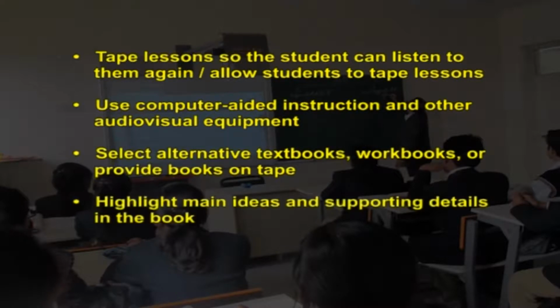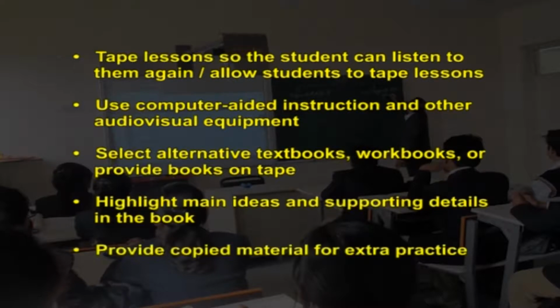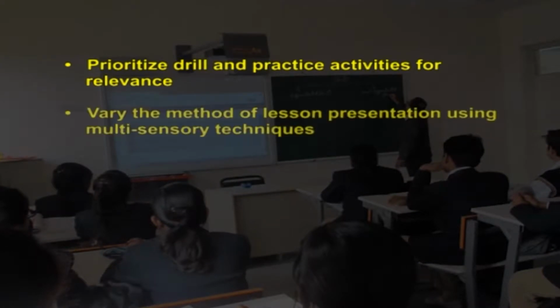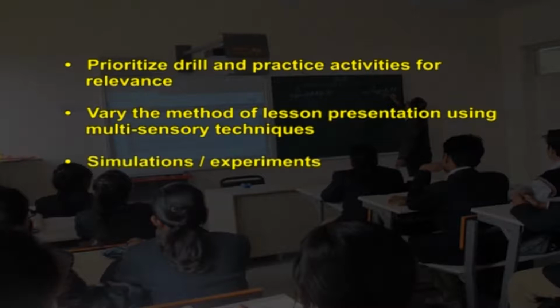Highlight main ideas and supporting details in the book. Provide copied material for extra practice. Prioritize drill and practice activities for relevance. Vary the method of lesson presentation using multisensory techniques. Simulations and experiments can be useful.